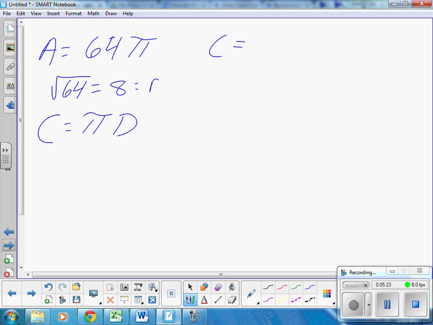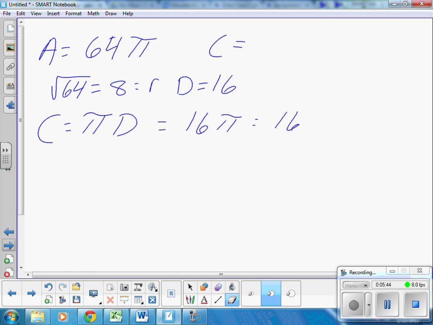So if 8 is my radius, then my diameter is equal to 16, because my diameter is equal to 2 radiuses. So my answer here would be 16 pi.